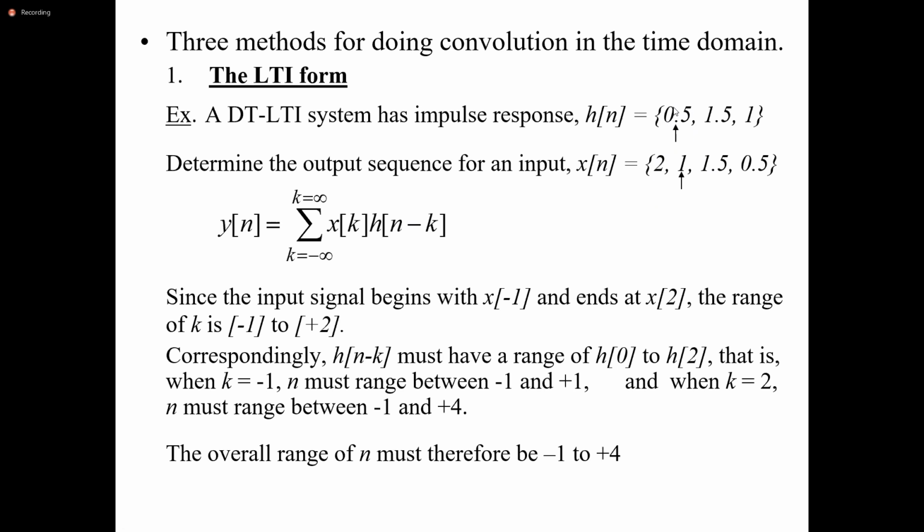This is our zeroth position here, and there is 1. And you're going to try and plug in these sequences into this operation. Well, it's just meant to show how tricky all this can be.